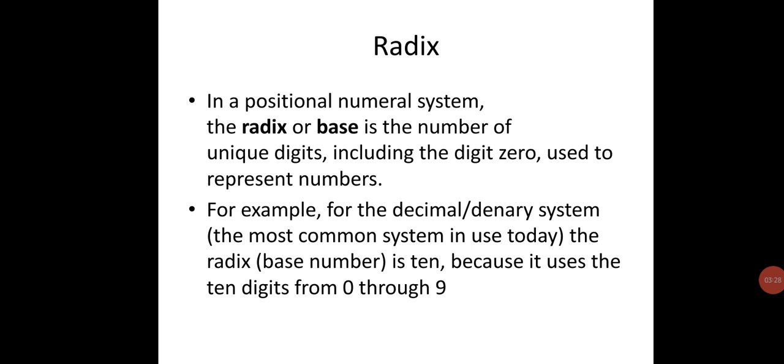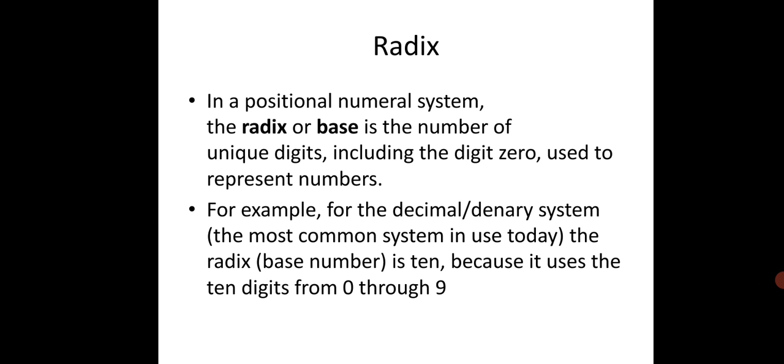Now we will see what radix means. Radix is a number which indicates the base of a specific number system. This number represents total symbols of the system and weightage or power of each digit. So in a positional numeral system, the radix or base is the number of unique digits, including the digit 0, used to represent numbers.